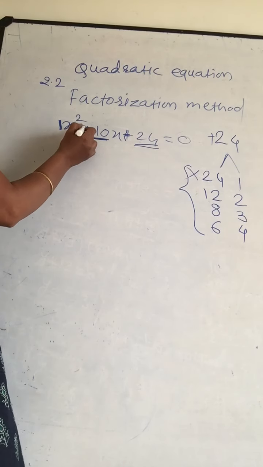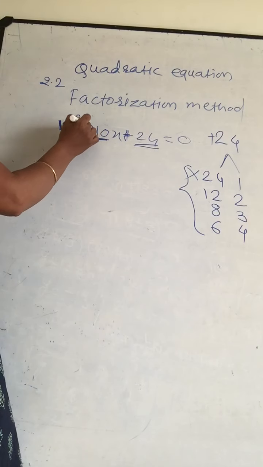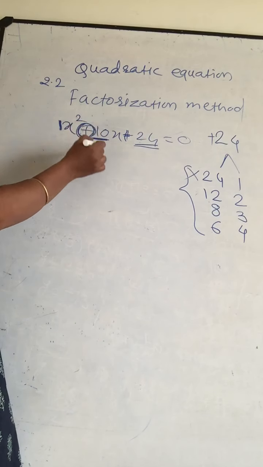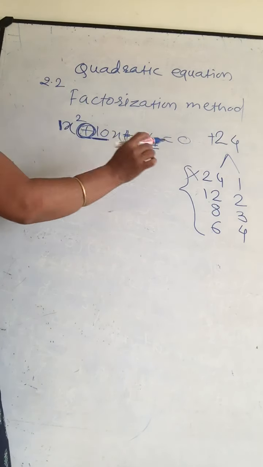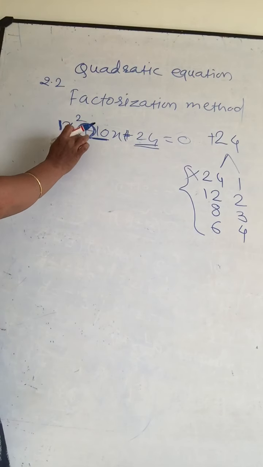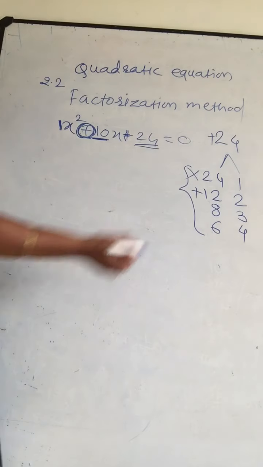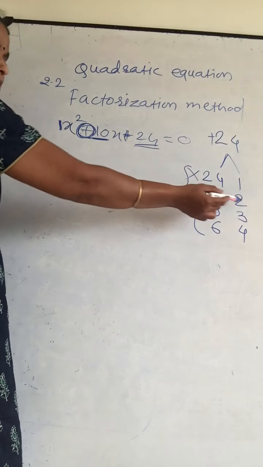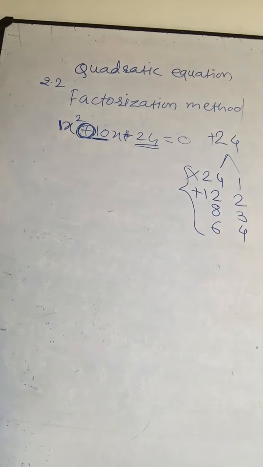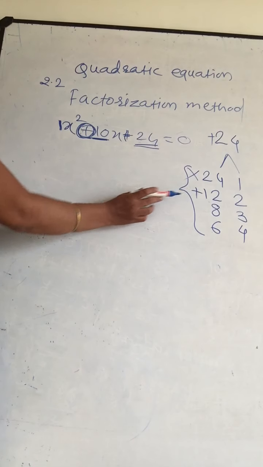Here it is plus 10. The condition is that the sign of the middle term goes with the bigger number. So 12 is bigger than 2, so plus is here.